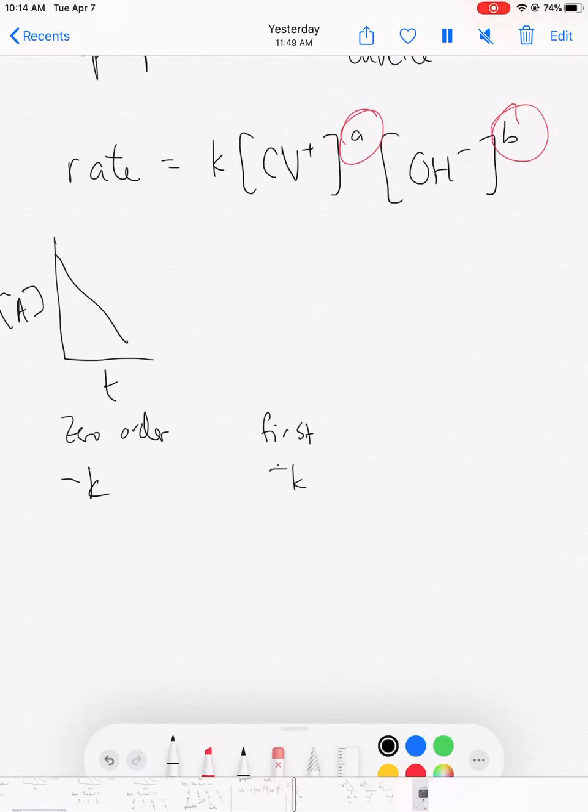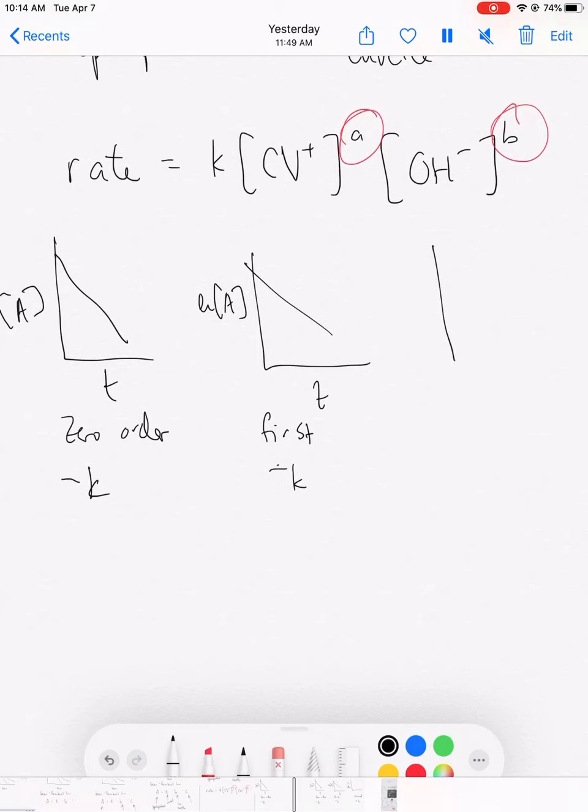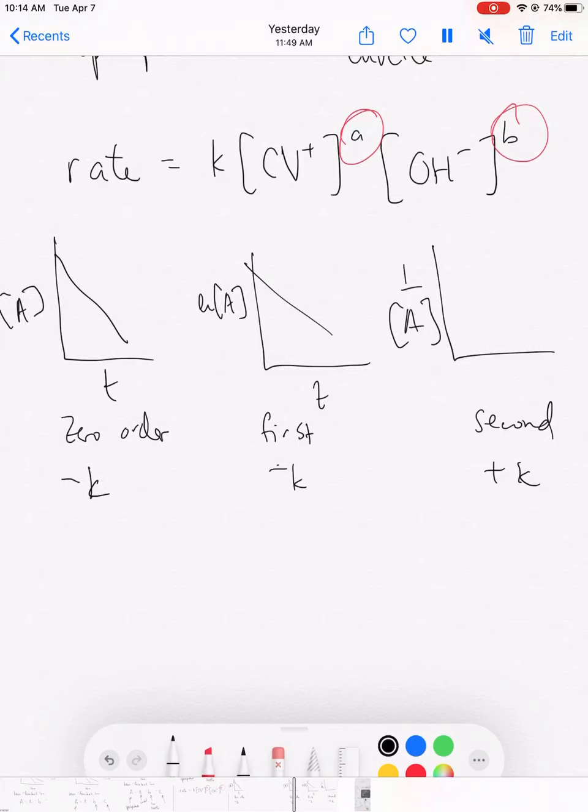For a first order, it will also have a negative slope, but instead the y-axis will be the natural log of the concentration, with time on the x-axis. And for a second order, it's going to have a positive slope, with 1 over the concentration of A on the y-axis.